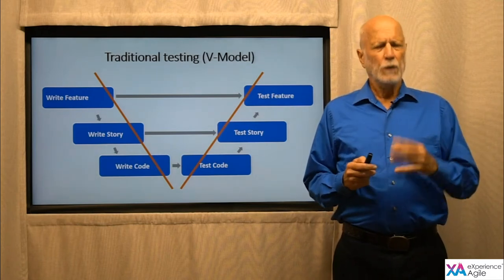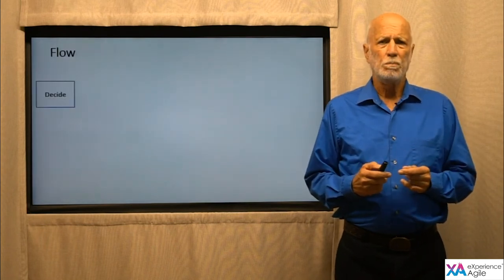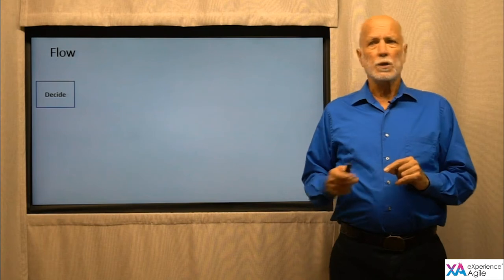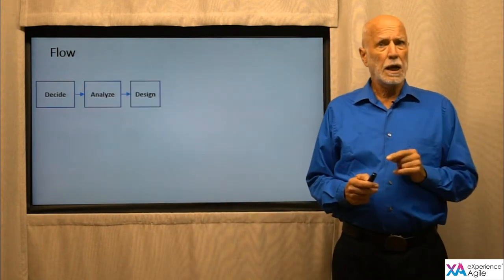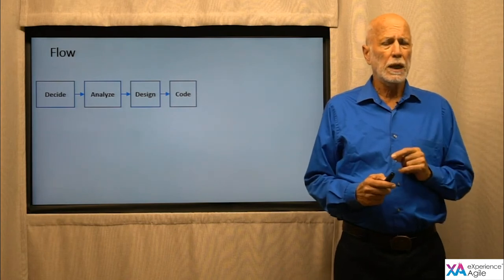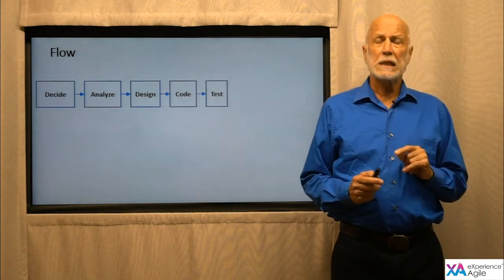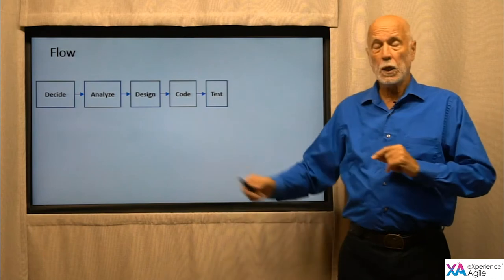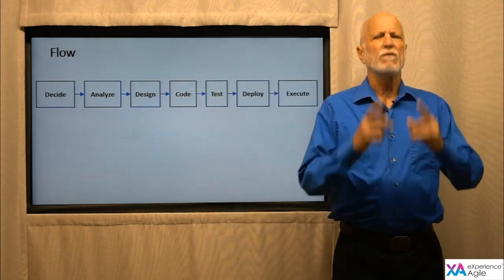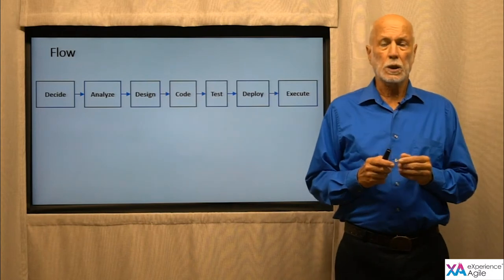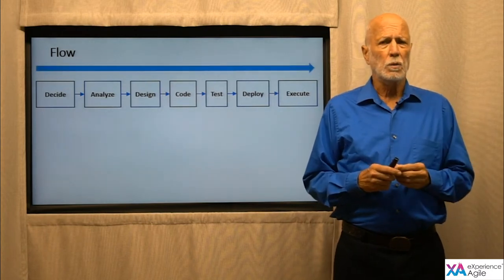And what happens when you do things like this? Well, here's a flow. You decide you're going to do something, you analyze the requirements, you design, you do some coding, finally go, I guess it's time to test. And you start running all the tests, then you deploy it to your staging, and finally execute it in production. And there's your flow.